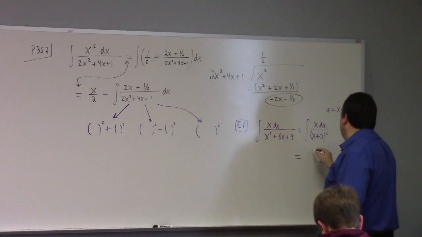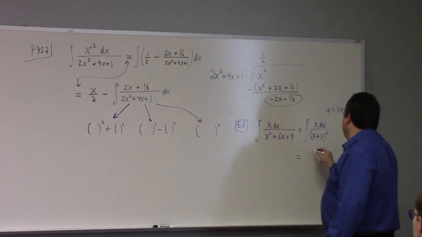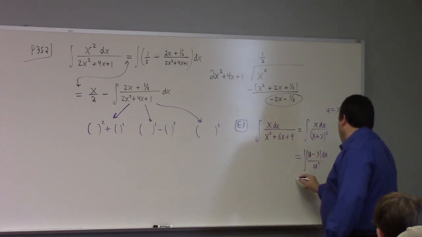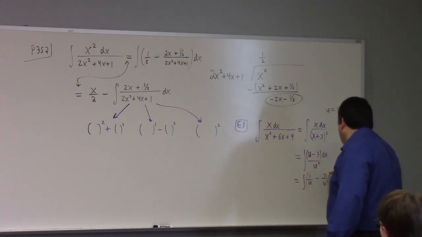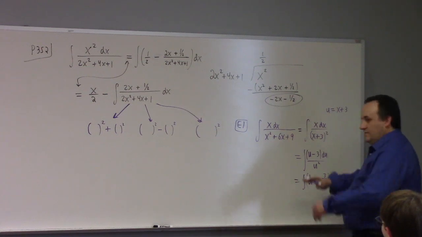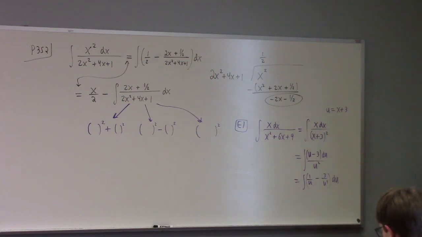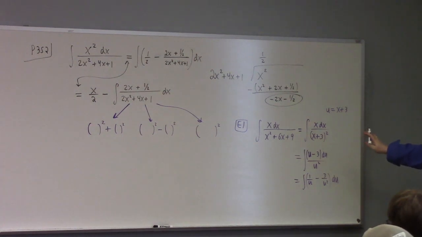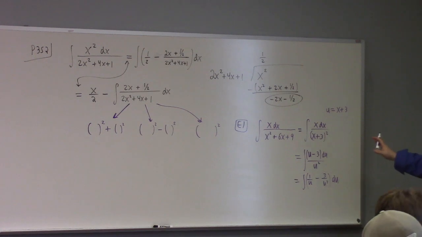Then x is u minus 3, so I get du over u squared, which is the integral of 1 over u minus 3 over u squared du. And let me not finish it, but you see you can do it, right? If it's a square, we can do something like this. That's problem 355.